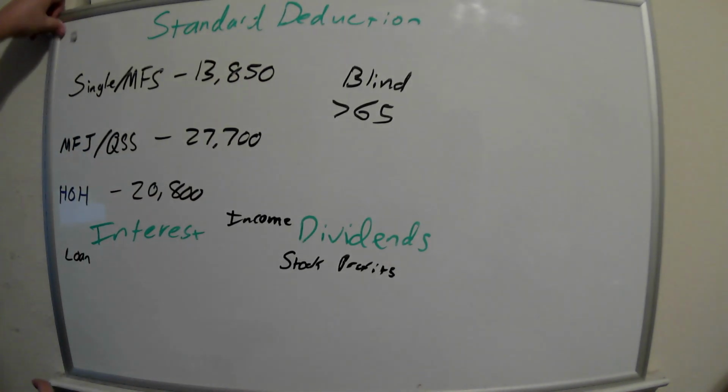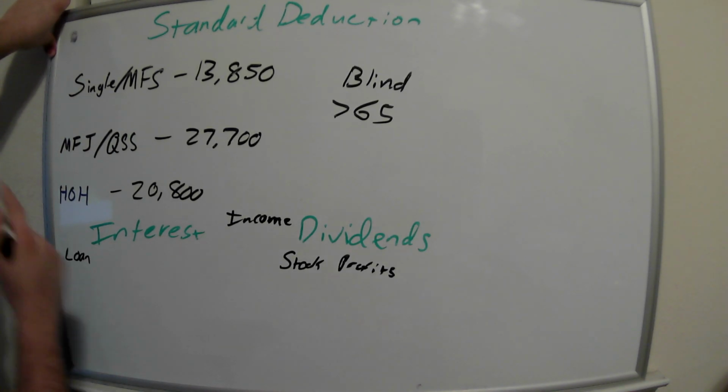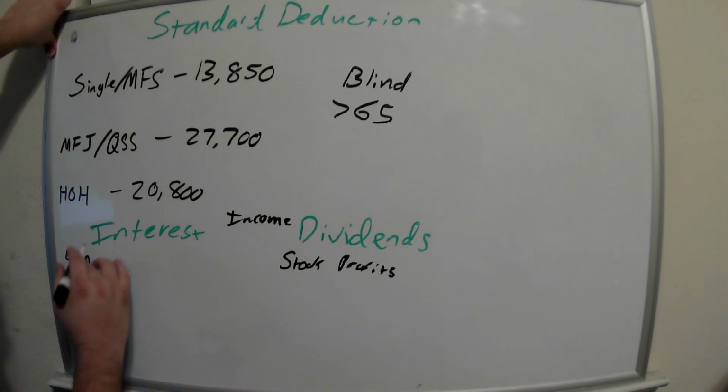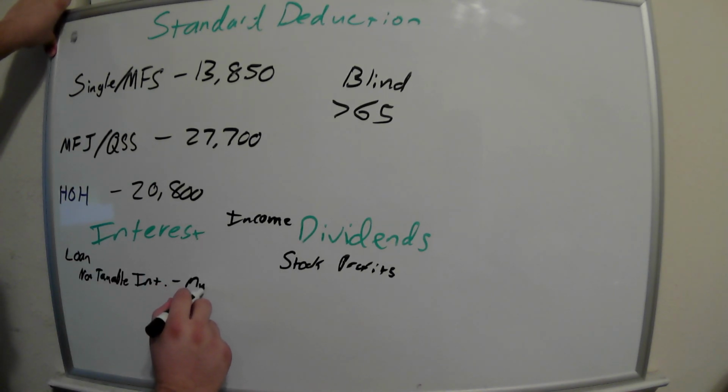Interest is generally considered income unless it's tax-free. There is some non-taxable interest, and usually that comes from municipal bonds.